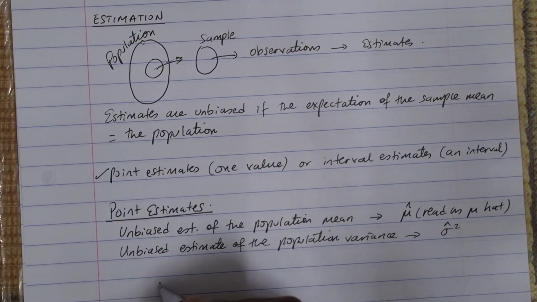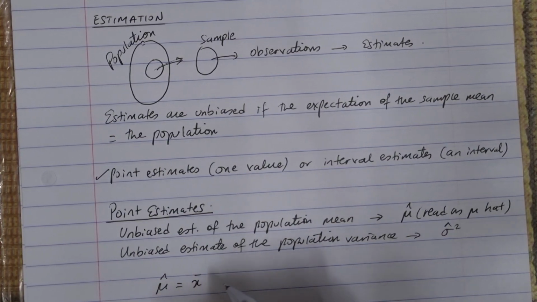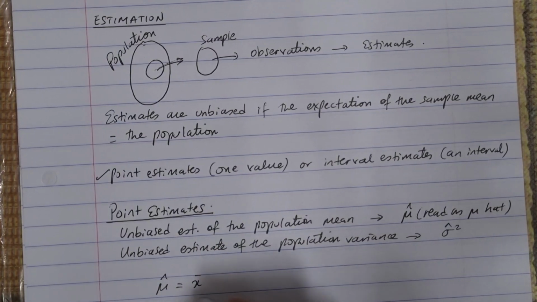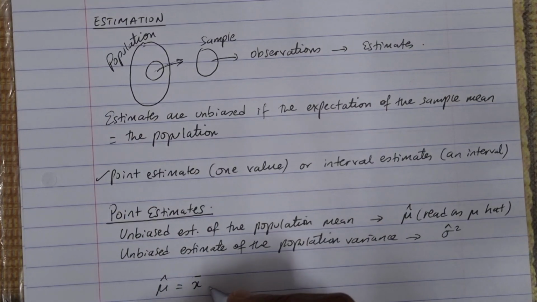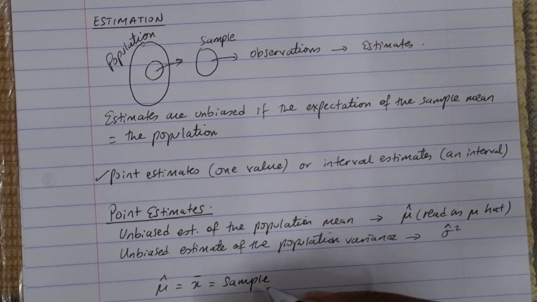So basically, our sample mean, which is mu with a hat on top, we refer to this as x bar. So this is basically the sample mean.